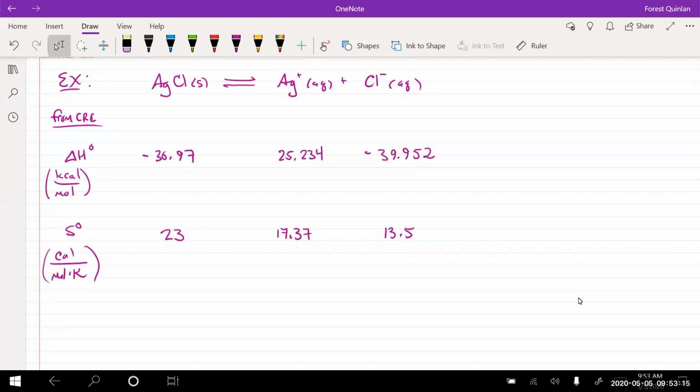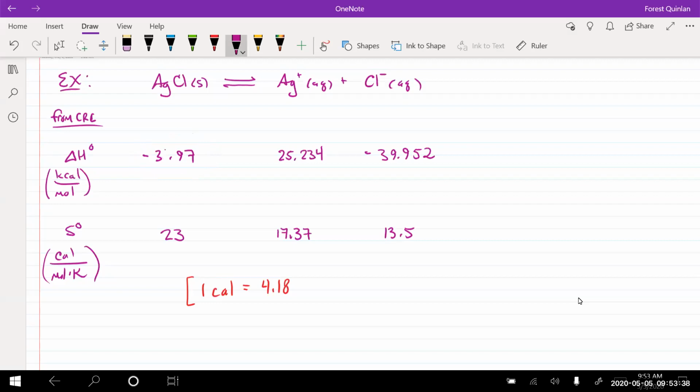Now, since I did these in calories, because that's what I read, I should note that 1 calorie is equal to... Is that negative 36 or negative 30? You're talking about this one? Yeah.